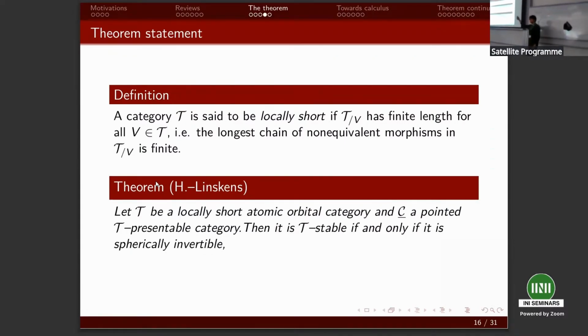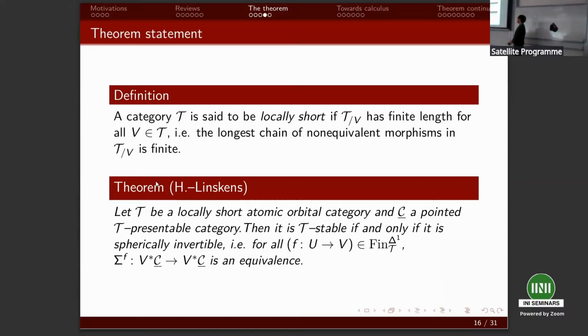So this means T-semi-additive and fiber-wise stable if and only if it is spherically invertible, i.e., for all these F's, the suspensions become self-equivalences. Locally, these are local conditions. So yeah, this is the spherical characterization I'm talking about, which specializes to the equivariant case, let's say.